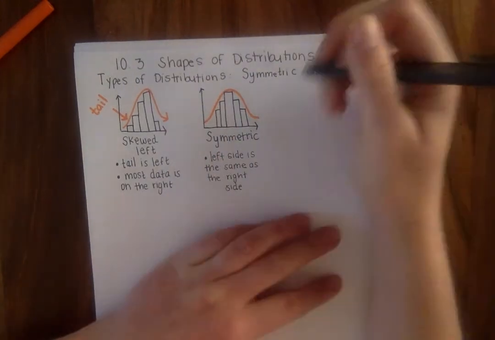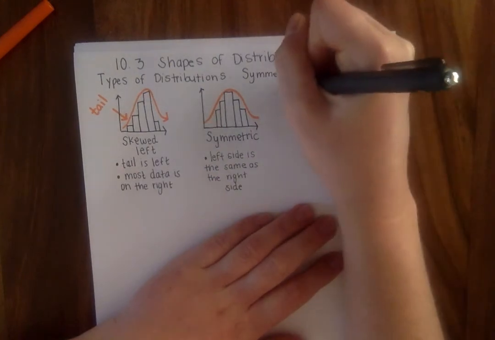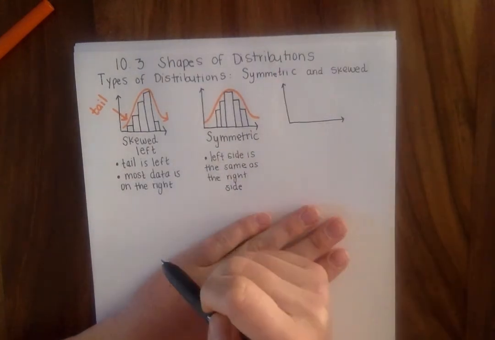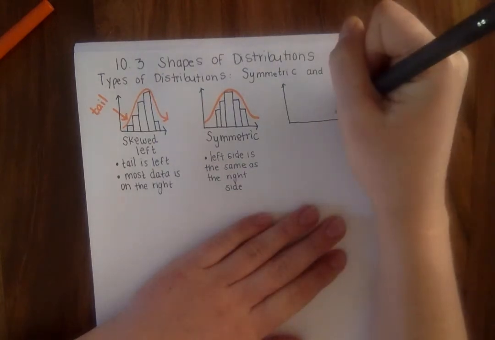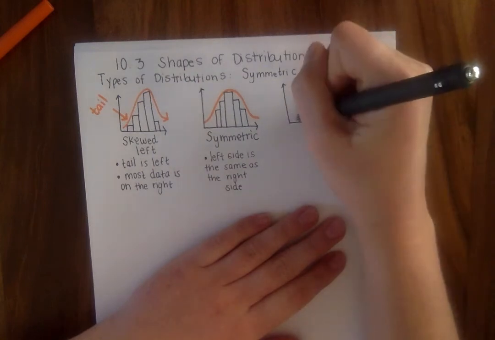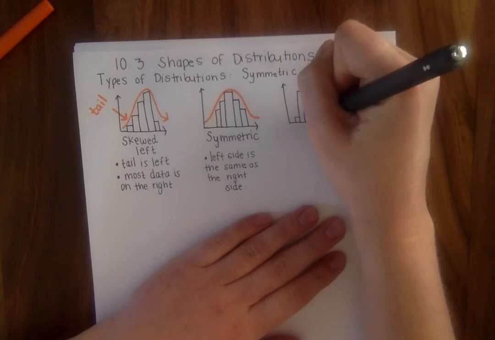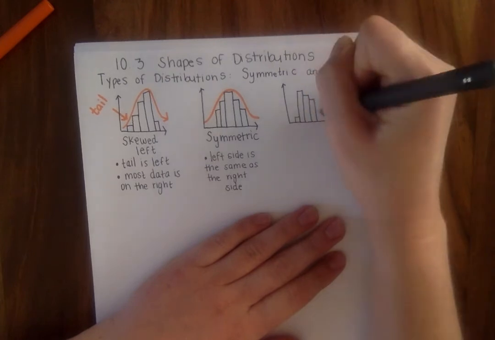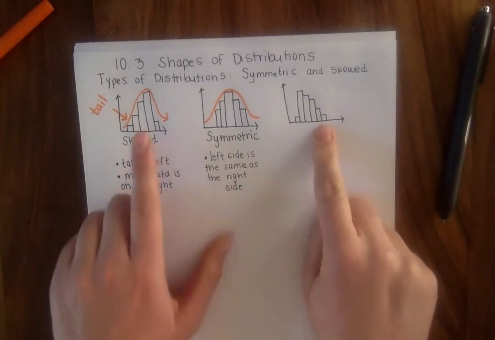All right, we have one more. You probably see where this is going. If I have a skewed left, I'm going to need a skewed right. A skewed right is where my tail end is on the right, meaning most of my data is on the left. I'll start off, and you'll see a lot of my values are very high up on the left, and then it goes down. This is the opposite of over here.